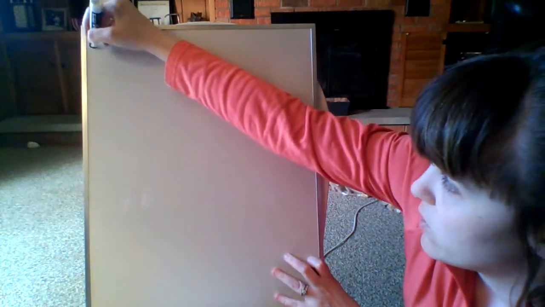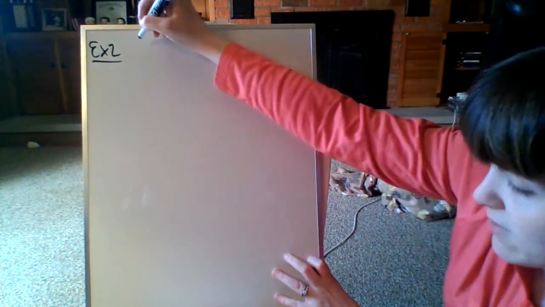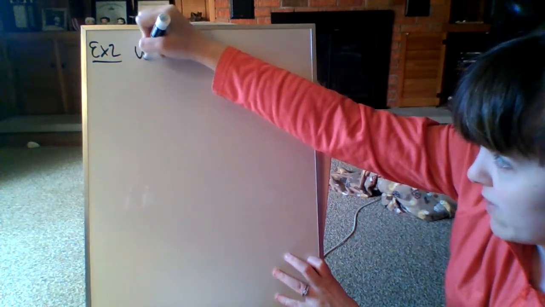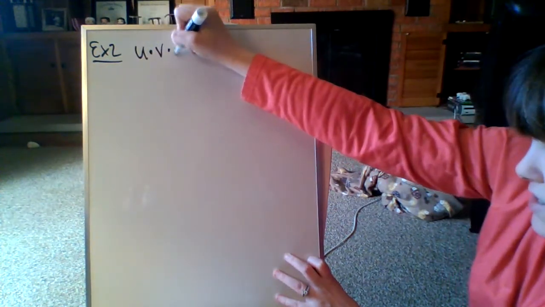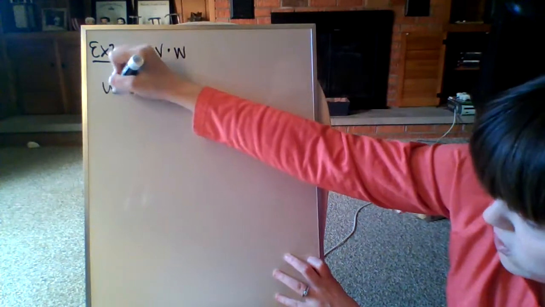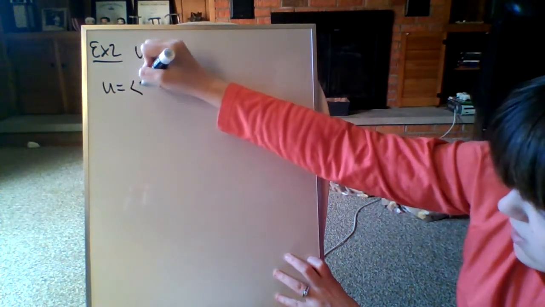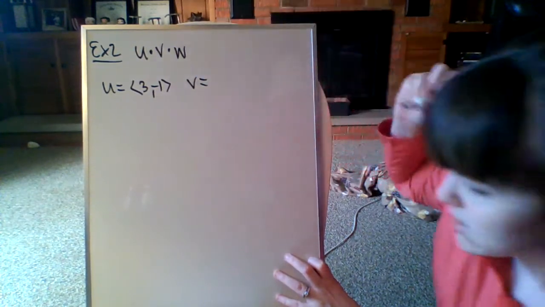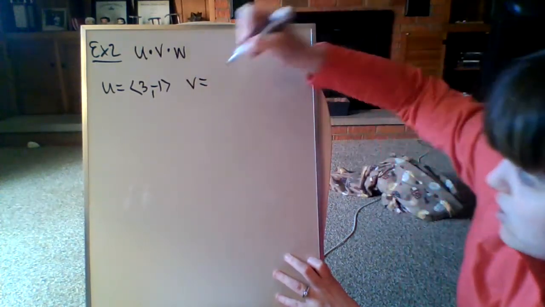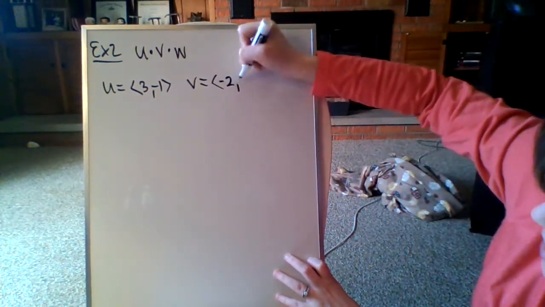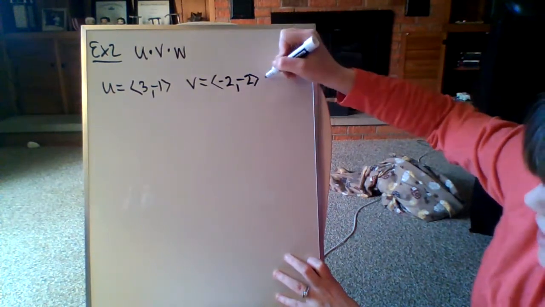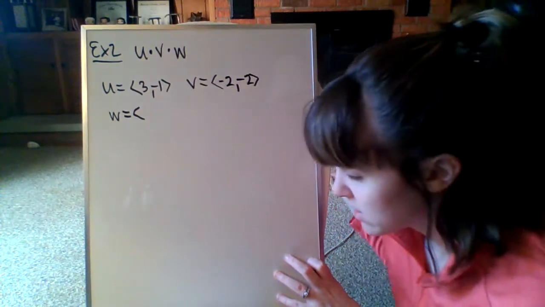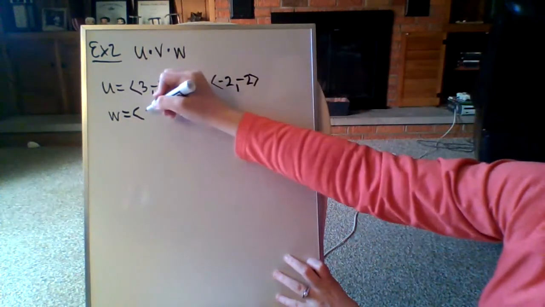Example 2: we have the vectors U, V, and W, and we're trying to find the dot product of all three. U is (3, -1), V is (-2, -2), and W is (2, 4).